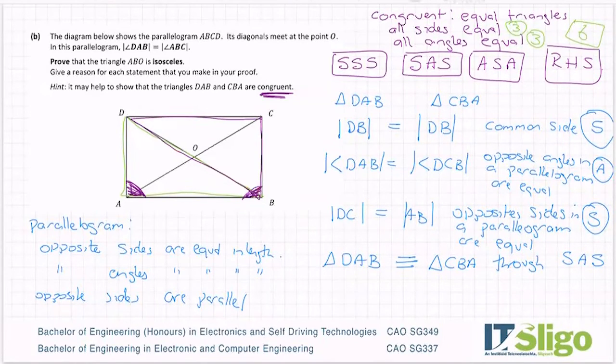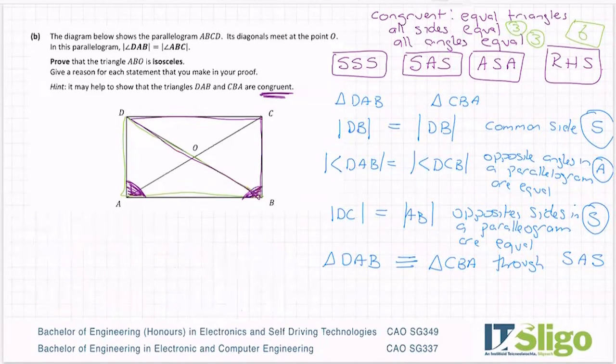I'm going to say then, I'm just going to rub out the properties here because I don't actually have left myself enough space. So I'm going to end up working backwards. And I'm going to say also the angle ABC is equal to the angle ABD.